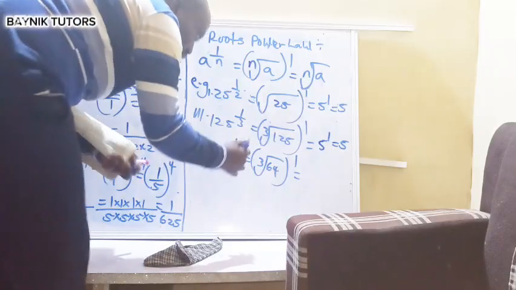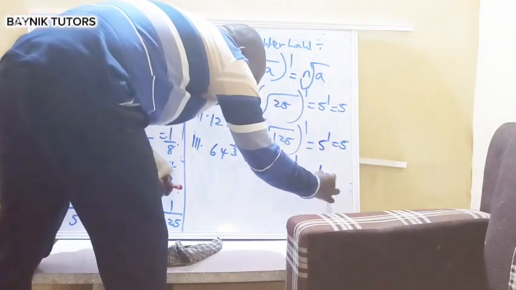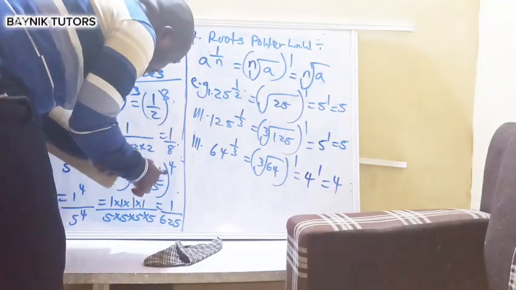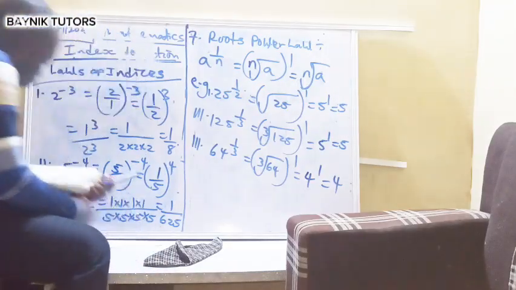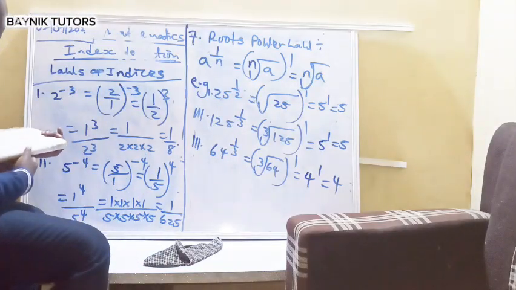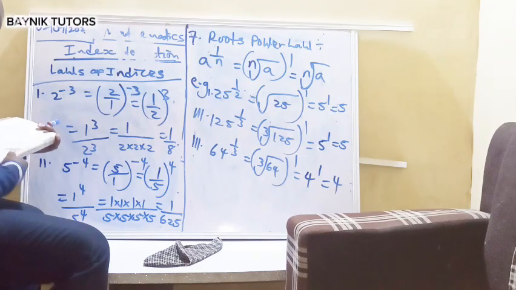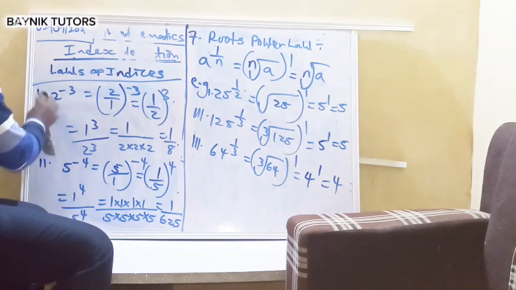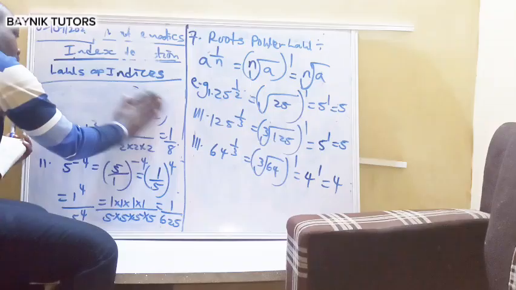You press it on your calculator, we have 4. 4 raised to power 1 is equal to 4. So that's that as far as the root power is concerned. The last but not the least, we refer to it as fractional index law. We're looking at fractional index law.